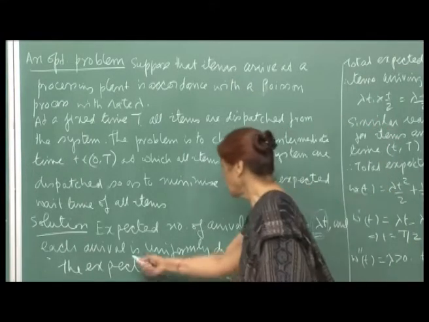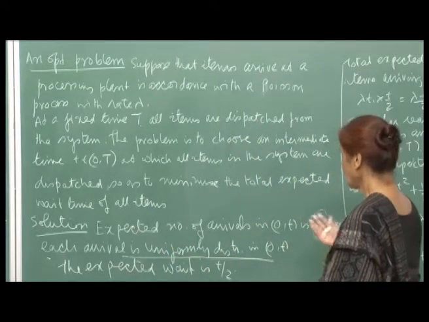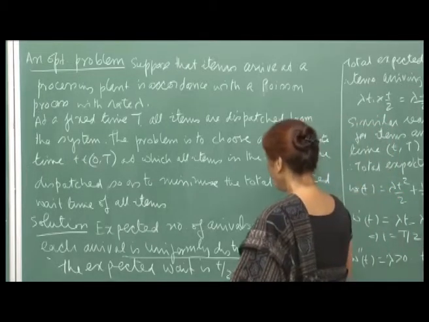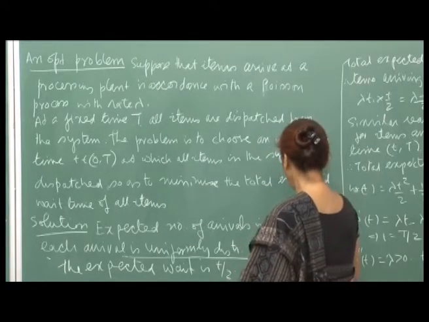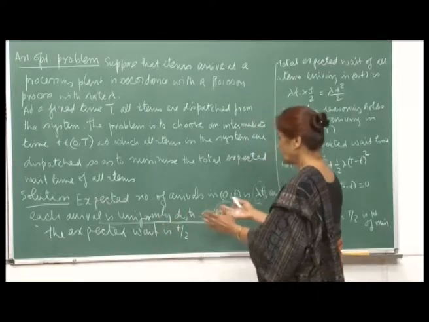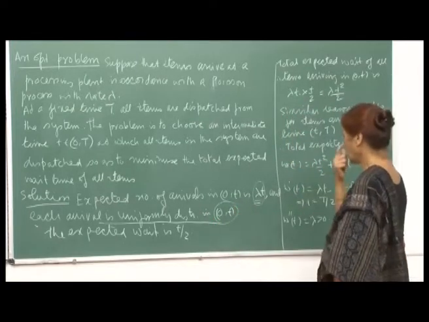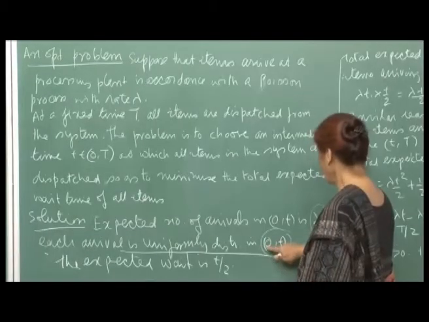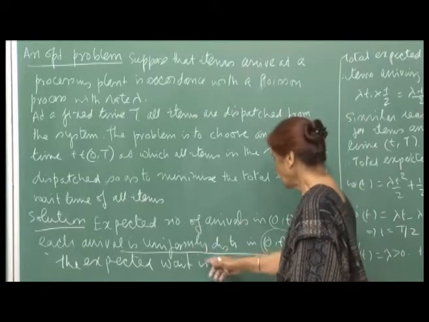Remember, some time ago, when we were looking at the Poisson process and its properties, we said that because of the stationary increments, the items that arrive in this time would be randomly, uniformly distributed over the time interval (0, t). So, any uniform variable distributed over (0, t) has mean t by 2. So, the expected wait time is t by 2.